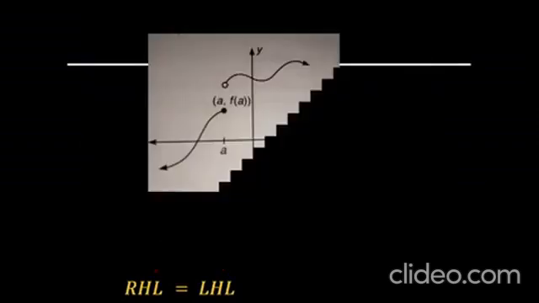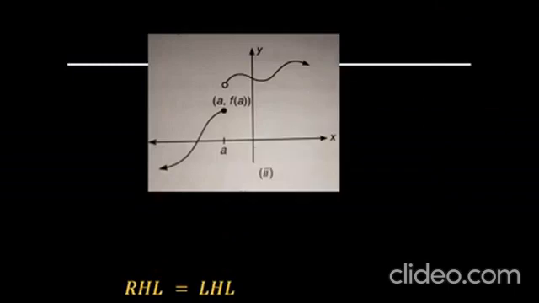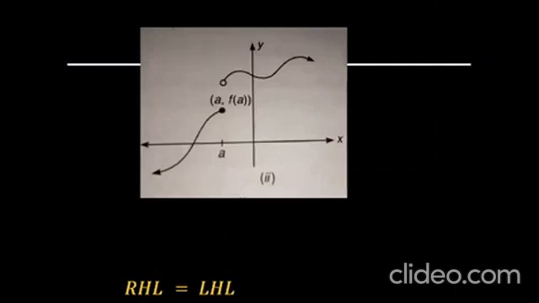In the second graph, you can easily see it has a break or jump at the point A and the limit does not exist.